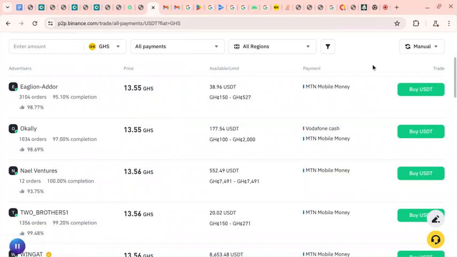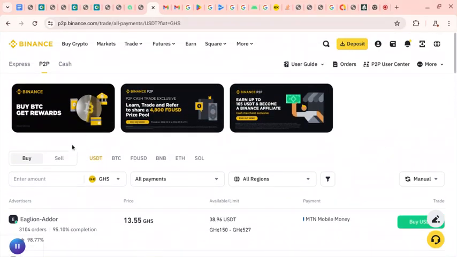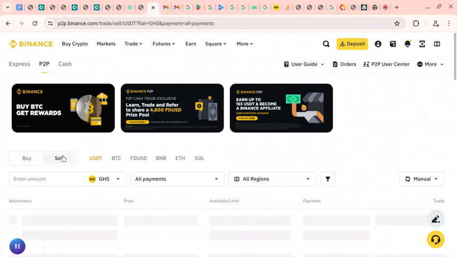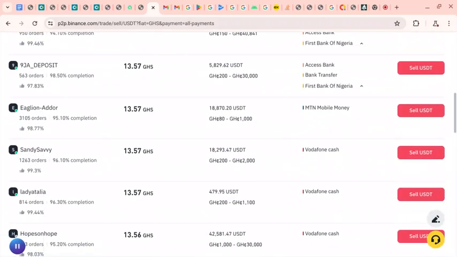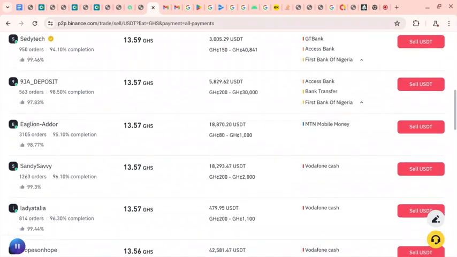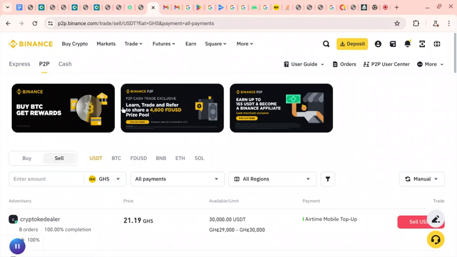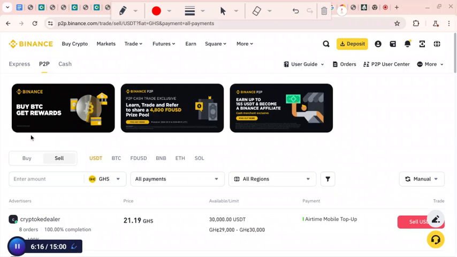Right now, for me to sell my USDT, no, it's not cool for me because imagine I want to sell to this person at 13.57. I'm not getting any profits. If I come to the sell, this is where you sell your USDT. This is your buy and this is your sell.